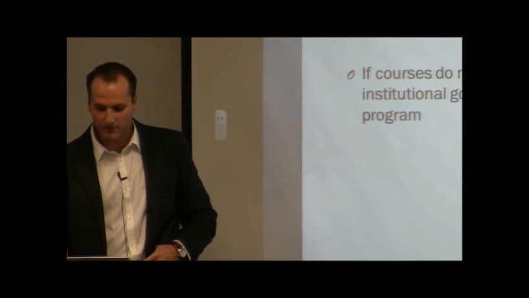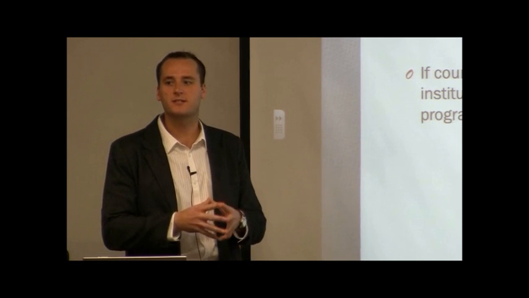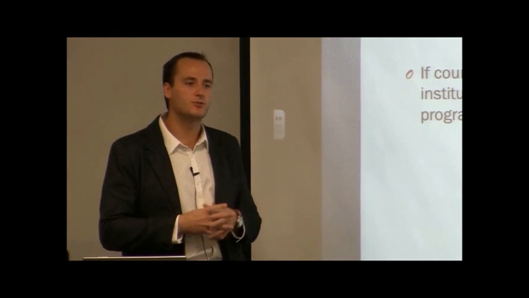Is everybody clear on this aspect? Of course, if we do not cover program or institutional goals, there's a gap within the program. So this assessment system will help us pinpoint whether our programs are reaching our institutional goals.